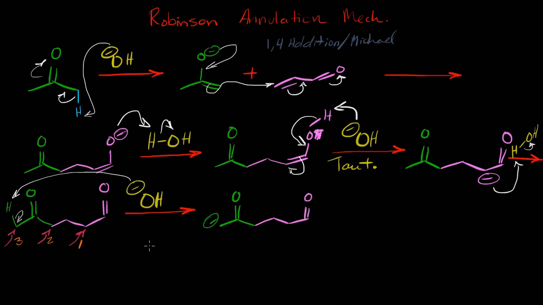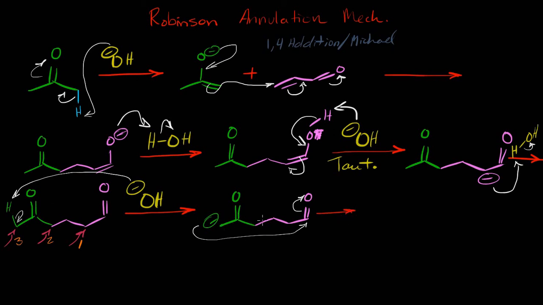If you have a model kit, you can make this, and you can see that our single bonds are going to be able to rotate completely around each other, so that we can get these electrons interacting with the carbon of that carbonyl. And so it will happen. You'll have a nucleophilic attack, and the electrons from the carbonyl will bounce up to the oxygen, giving you our next intermediate.